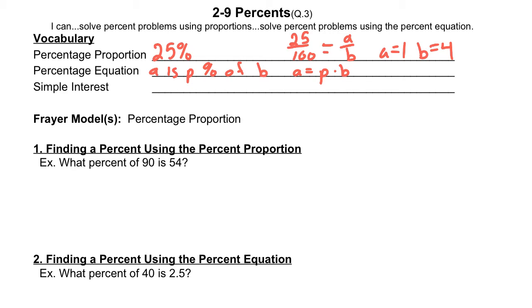So if I'm trying to find 50% of 5, I would do 5 times 0.5. The percentage equation helps us find out, are we multiplying by a percent or dividing by a percent? We'll talk about that a little bit later.